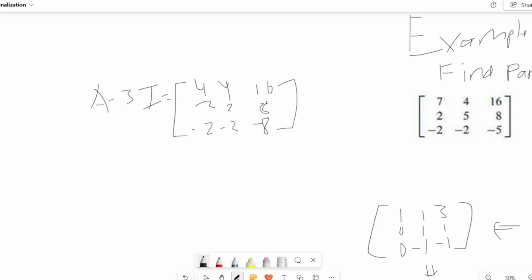We can see easily that these three rows are multiples of each other. So what we can do is subtract 2 times row 1 from row 2, subtract 1/2 times row 1 from row 2, and before that, add 1/2 times row 1 to row 3. This will create 2 zero rows. And to make things easier, we'll divide row 1 by 4. So we'll have it in REF.